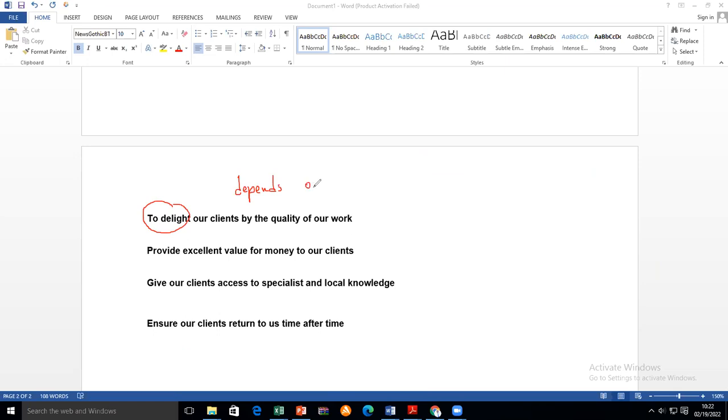It depends on the quality of the work. If the quality of the work is good, well and good, we must buy internally. Provide excellent value for money. Excellent. In fact, they even added the word excellent value.